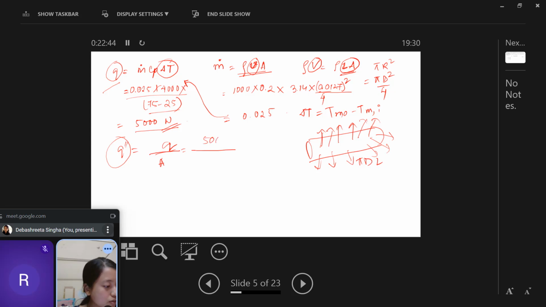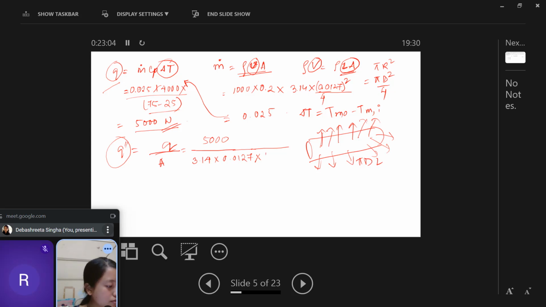So q is 5000 divided by 3.14 into d, 0.0127, into length.